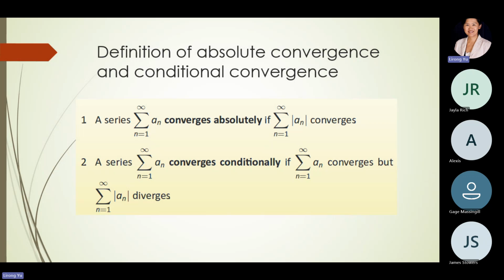One very common example is the alternating harmonic series. The summation of negative 1 to the power n over n converges conditionally because the harmonic series diverges, but the alternating harmonic series converges. So that is an example of conditional convergence. Any question?